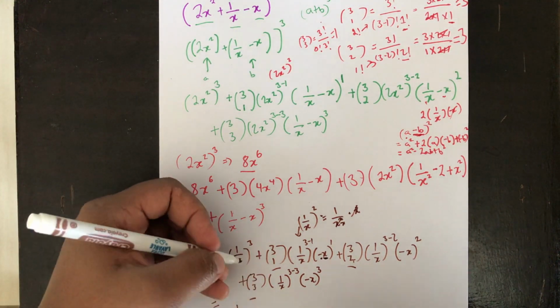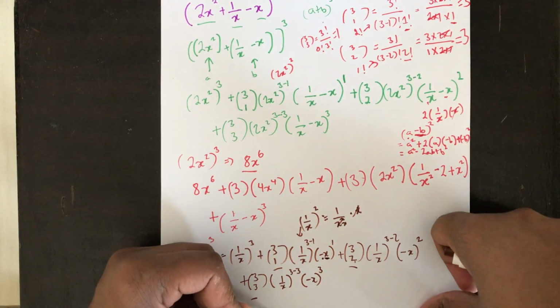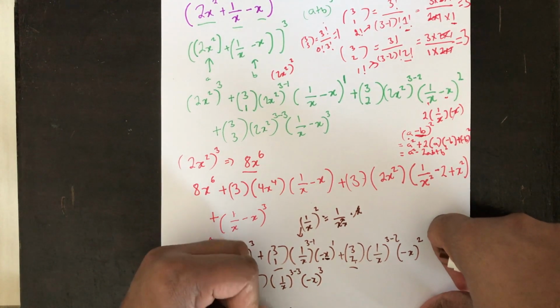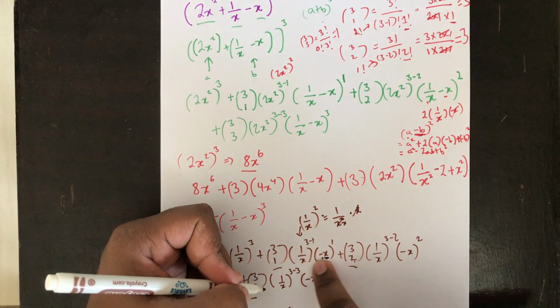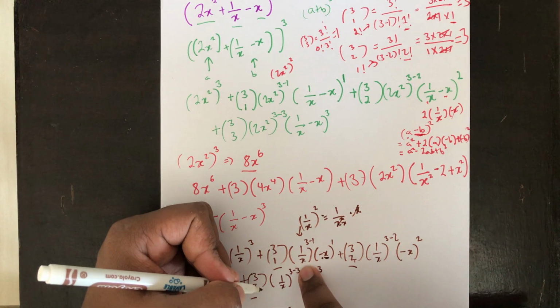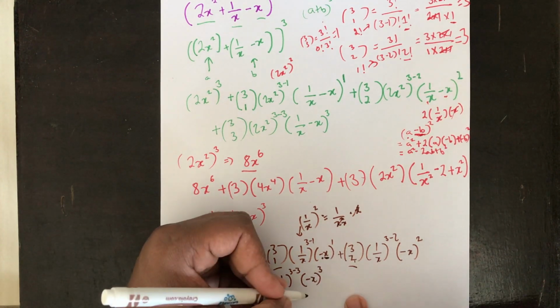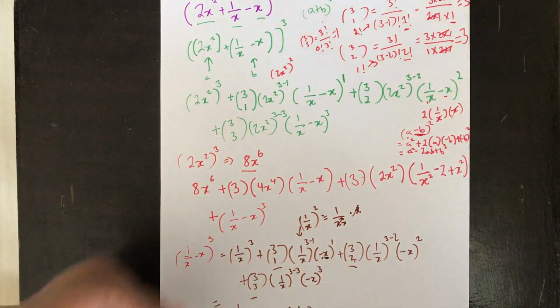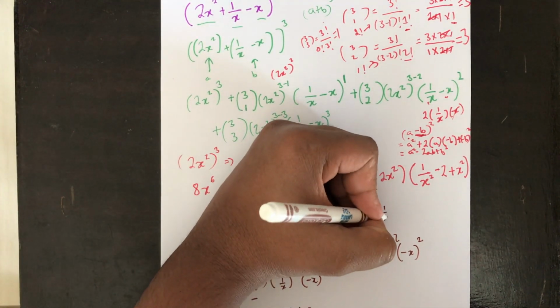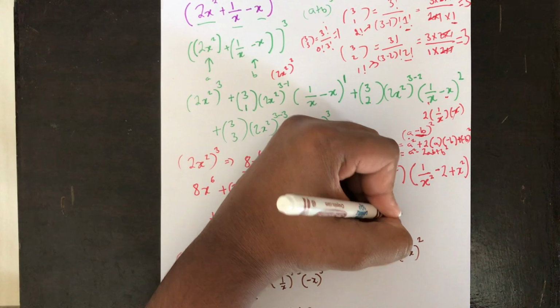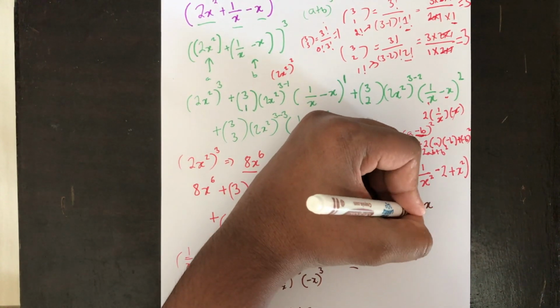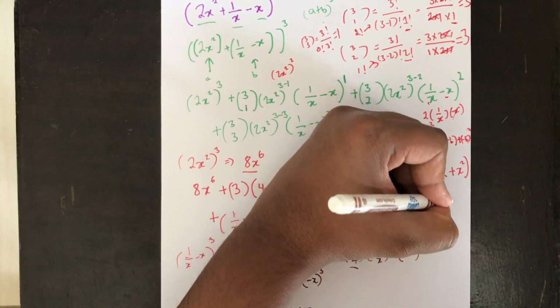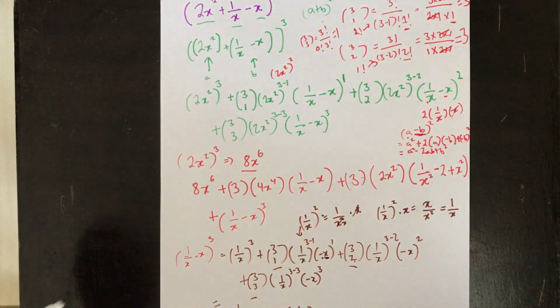So basically, since 3 choose 1 is 3, it's going to be 3 times 1 over x squared times x. So that gives me 1 over x, because 1 over x squared times x is equal to x over x squared, which is equal to 1 over x.